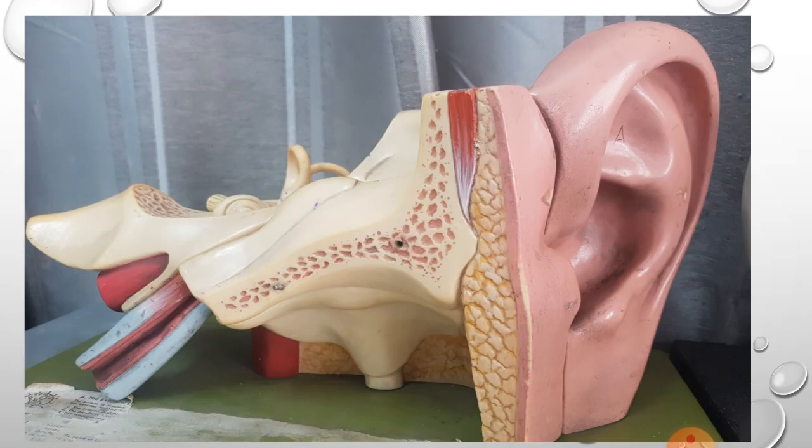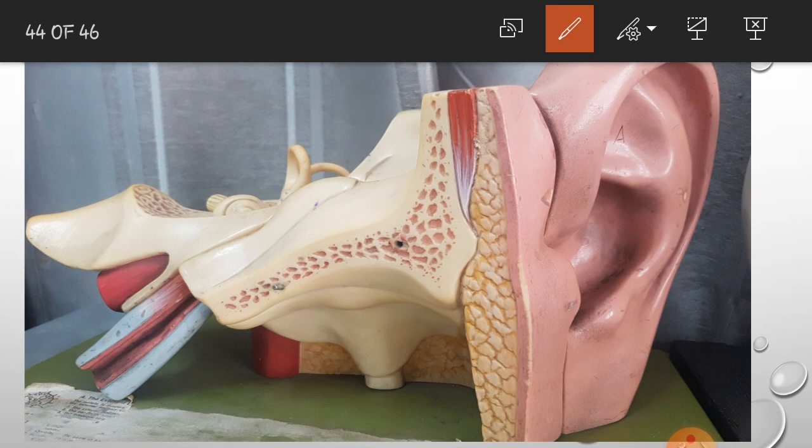This is a picture of the ear model in which we see the helix, crura of helix, antihelix and crura of antihelix.